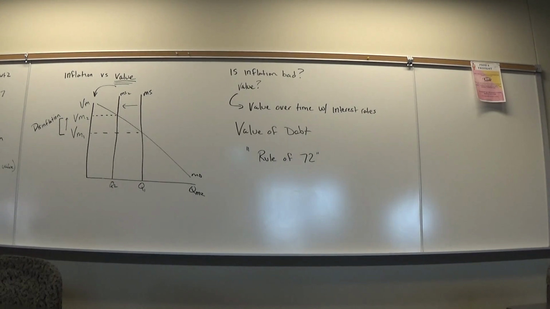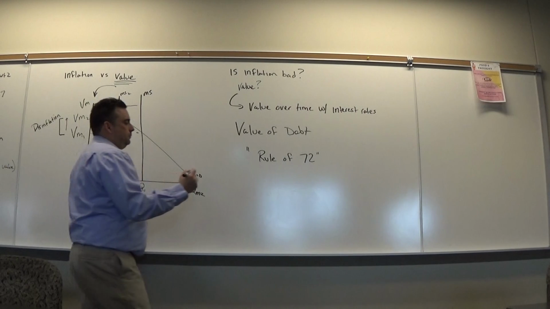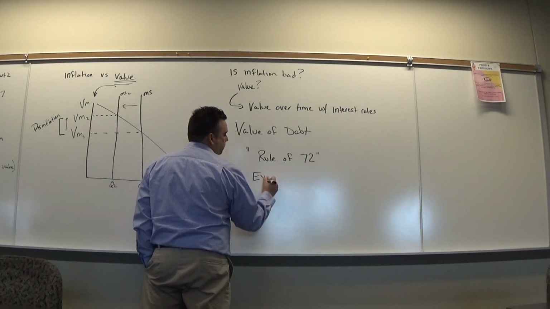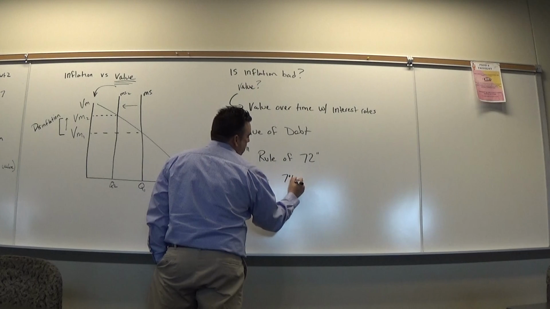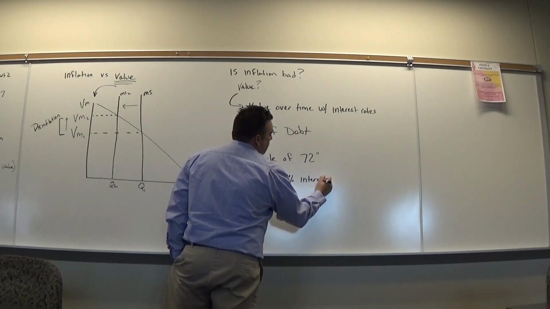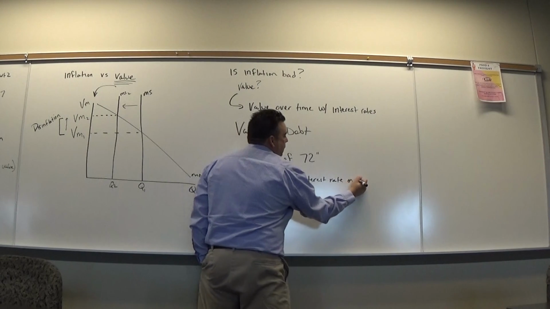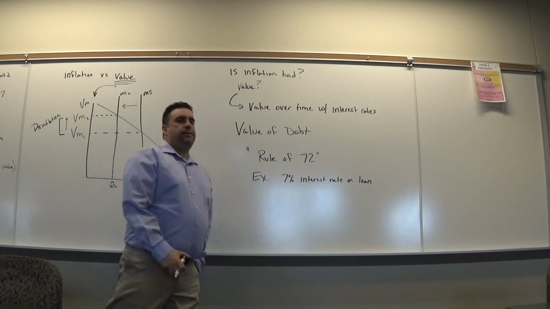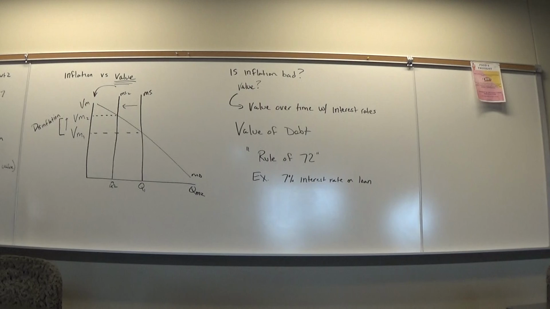It's calculated mathematically by dividing 72 by the interest rate. So let's just hypothetically say that you have a 7% interest rate on some loan. The reason I picked 7% is because that is the approximate interest rate right now on student loans if you are getting it through the federal student loan program. Their interest rates are around 7%. So I figured that might be somewhat pertinent to you.